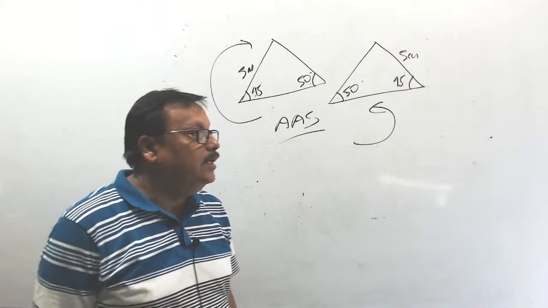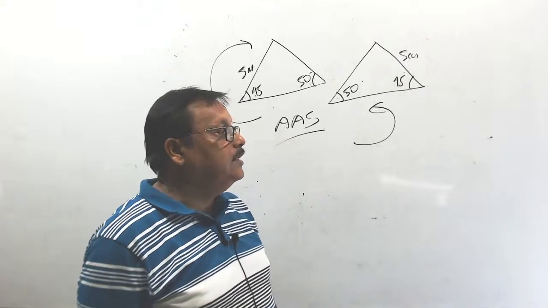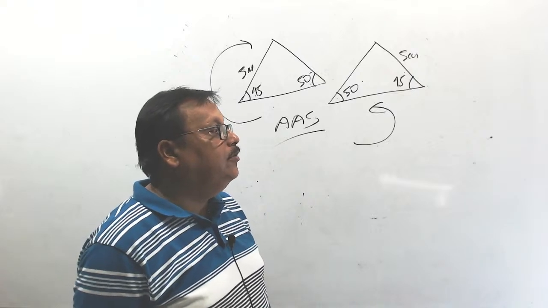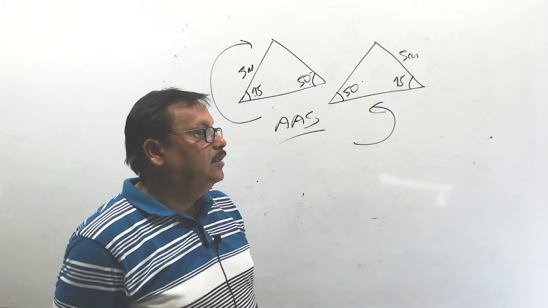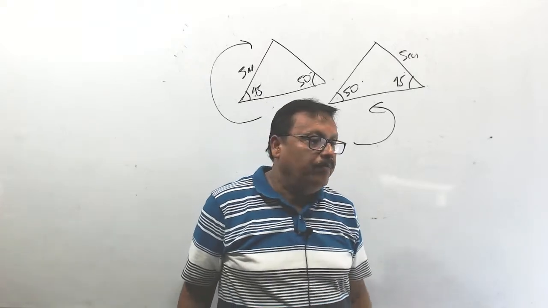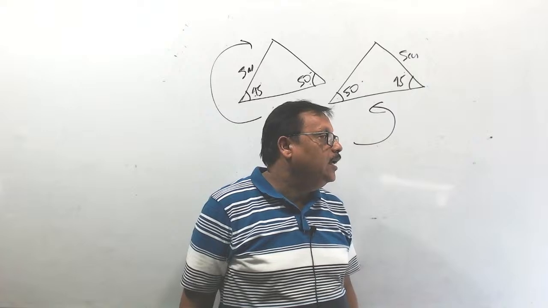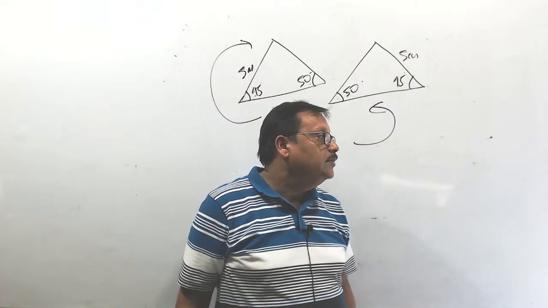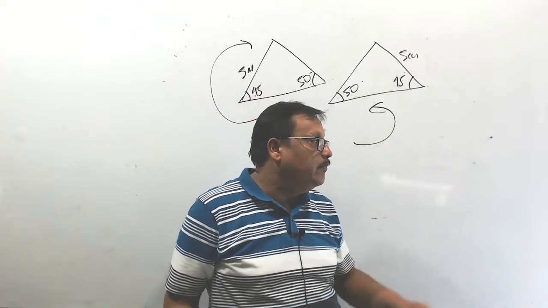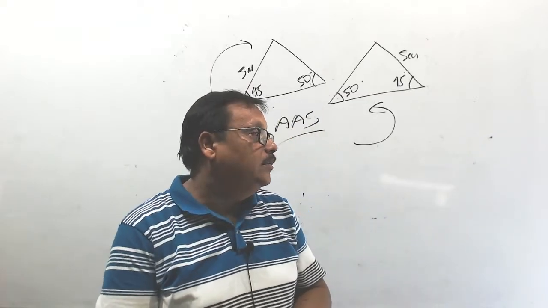Regarding the side, the side of 6 centimeter is in between the angles 45 and 60, but in the next figure PQR, the length of RQ is not mentioned as 6 centimeter. So you can't tell clearly that number 5 is congruent. It is not congruent. No criterion is fulfilled in the figure. Okay.